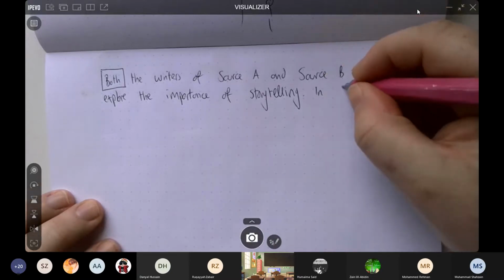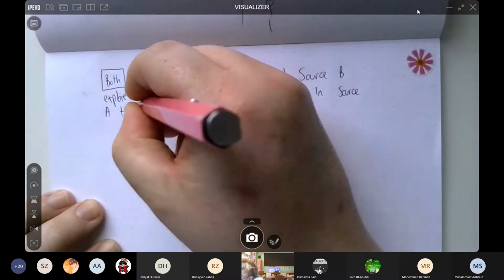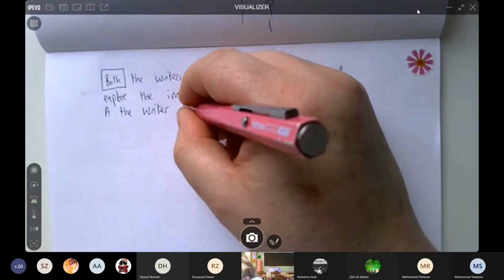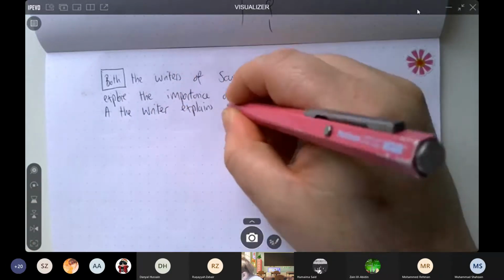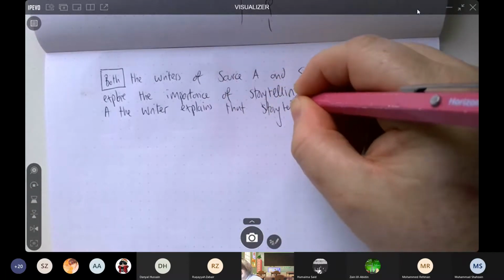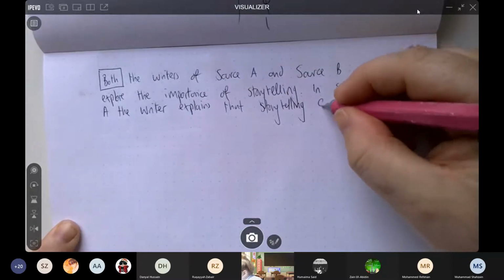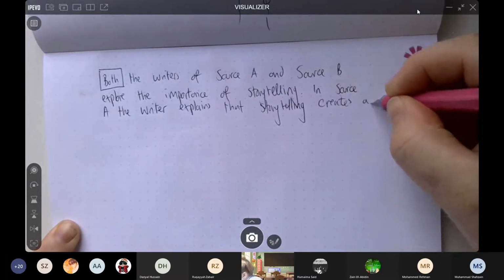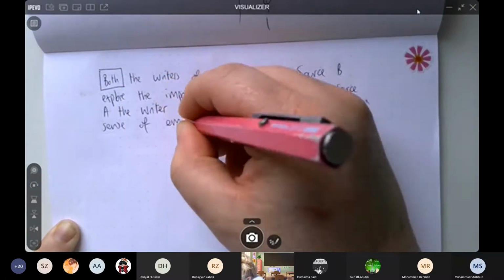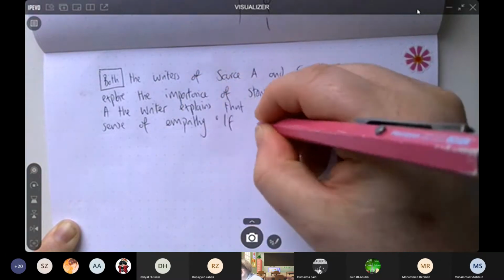So I'm then going to say, in source A, the writer explains that storytelling creates a sense of empathy. And then we'll use that quote.